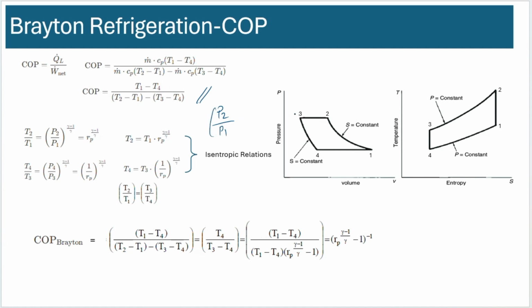So if you take the high pressure and the low pressure stages, and you take that ratio to be r_P, you can rewrite it in terms of that also. So overall, you could write the efficiency of the Brayton cycle in terms of pressure ratios and gamma, or you could write it in terms of temperatures if you know the temperatures of at least 3 stages or 2 stages. Okay.